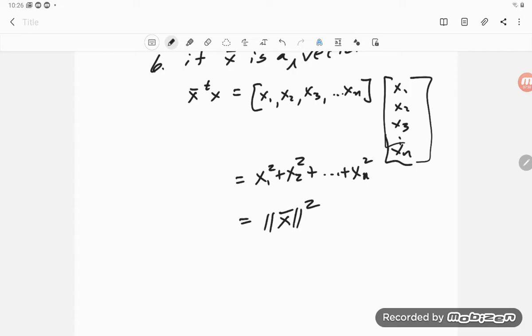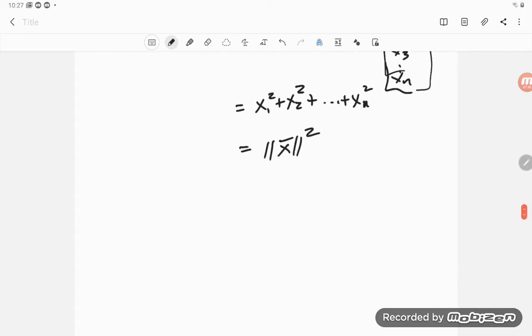Okay, so the magnitude or the 2-norm of x squared. And so that is a very convenient property right there. Okay, so those are transposes.